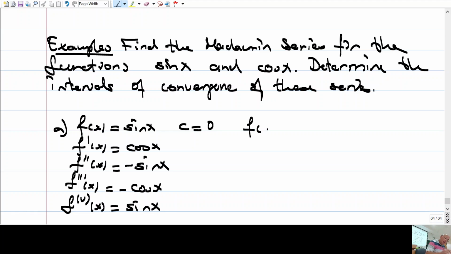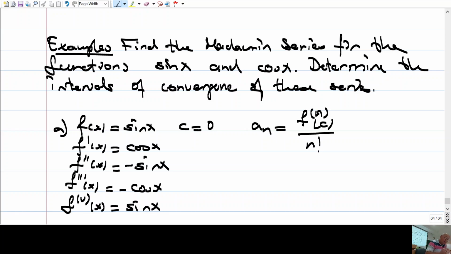So in particular f of c, which is f of 0, is just 0. F prime 0 is just 1. What was the formula? a_n was nth derivative of f at c divided by n factorial, right?